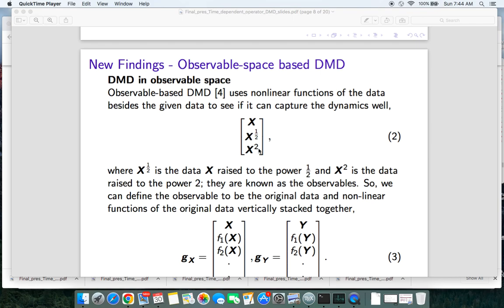So we're trying to vertically extend the data set by taking into account nonlinear functions of the original data. So capital X is the original data, and as you can see, we are trying to use nonlinear functions of that original data set. So these nonlinear functions of data are known as the observables.